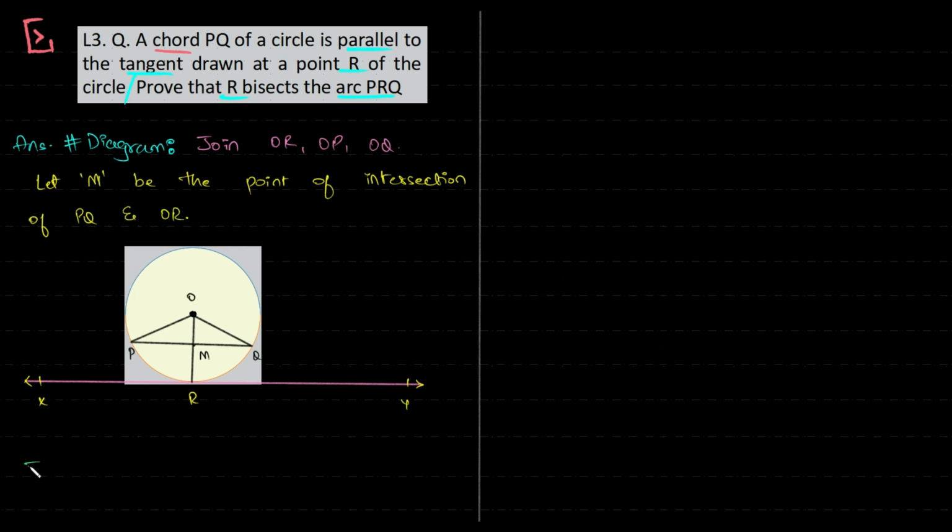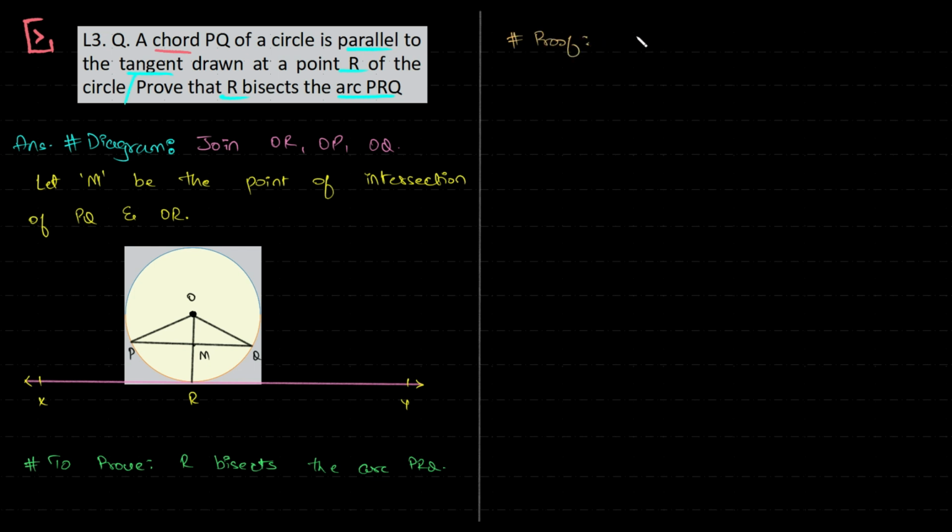And then we have to prove that R is a midpoint, I guess. No, R bisects. The language is different but means the same. The arc PRQ. Okay, and now the proof.